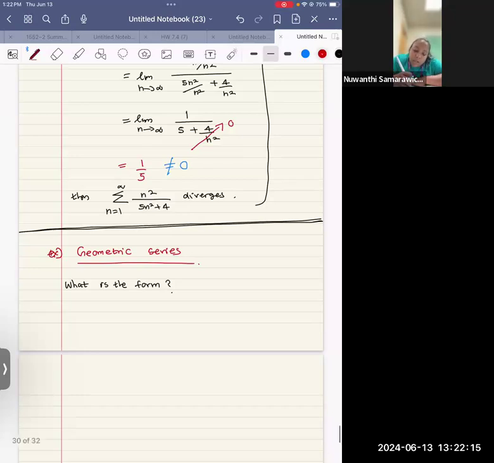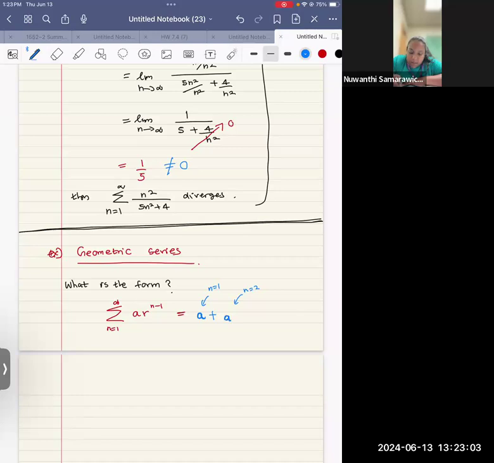If you see a series like this, A multiplied by R to the power n minus 1, this means if I write it in summation, when n is equal to 1, n minus 1 is 0, R to the power 0 is just 1, so the first term is A. Then the second term, when n is equal to 2, we get A times R to the power 1. A is a constant for all the terms.